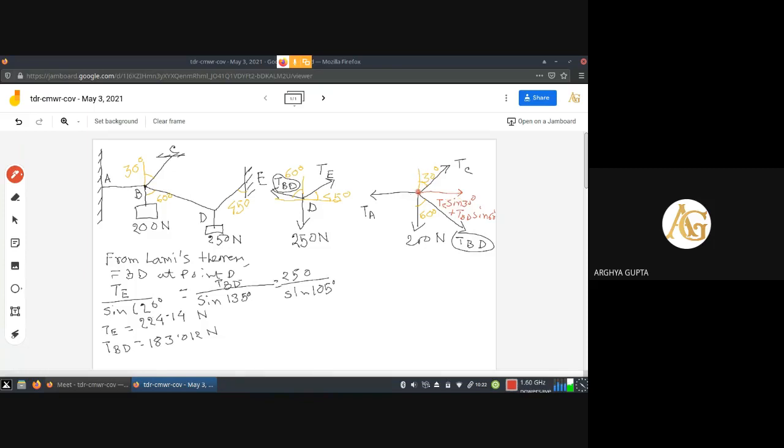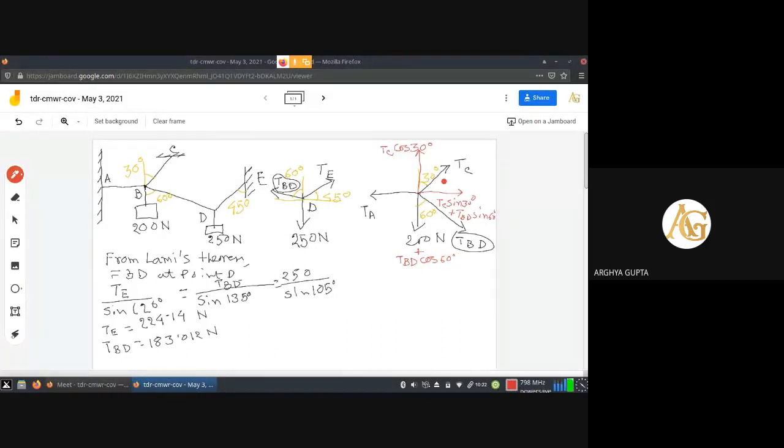Now the vertical component of TC, so TC cos 30 degree, and the vertical component of TBD, so 200 plus TBD cos 60 degree.